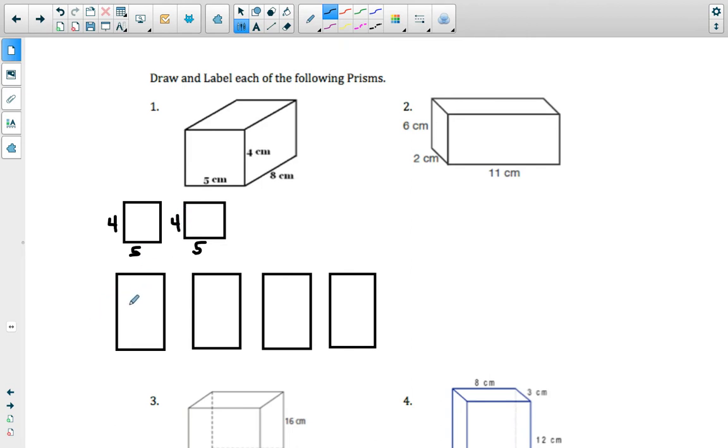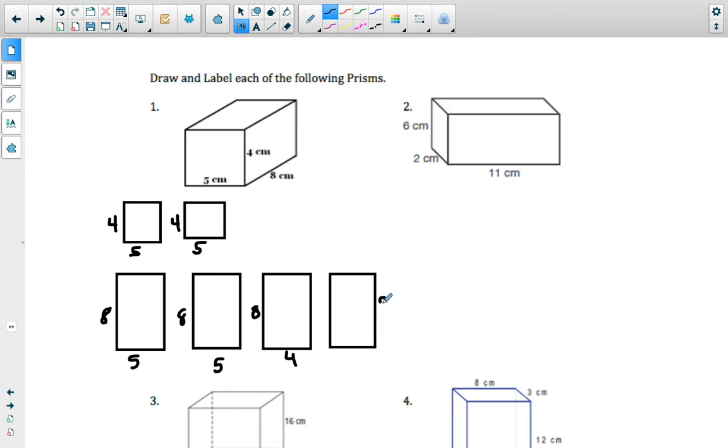My top and bottom are both 8 centimeters by 5 centimeters. And my left and right are both 8 centimeters by 4 centimeters.